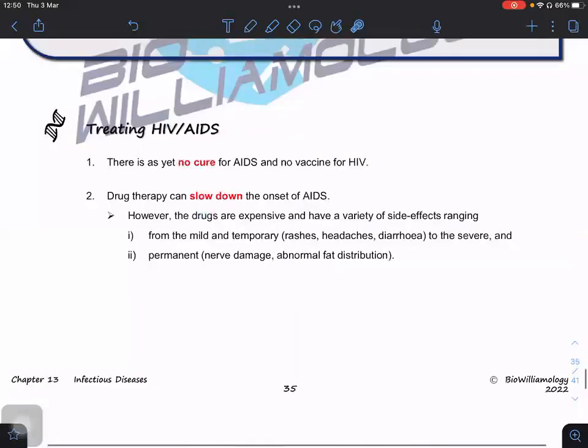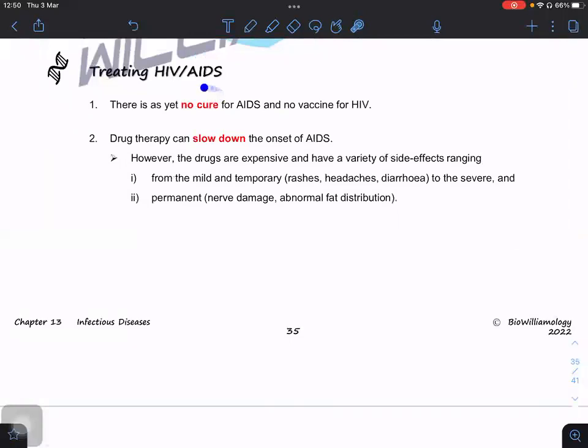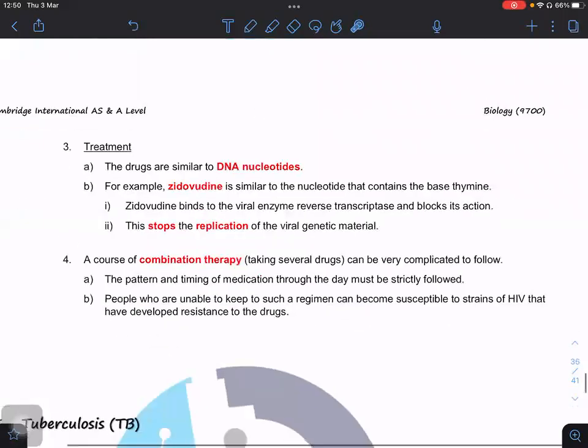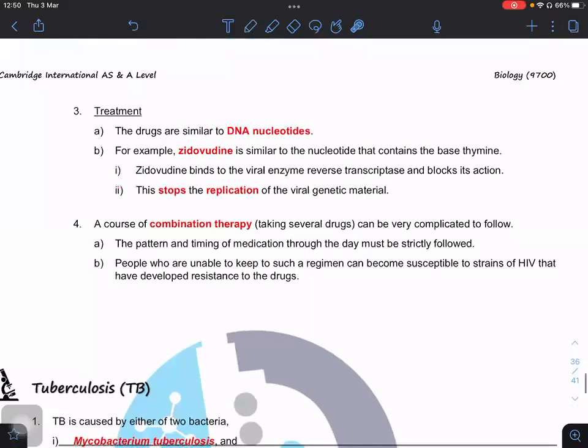Okay, so treatment. There is no cure so far, but we can use drug therapy to slow it down. However, the drugs are very expensive, with a variety of side effects, from mild and temporary to permanent ones. So what is the treatment? We use zidovudine as one of the treatments.